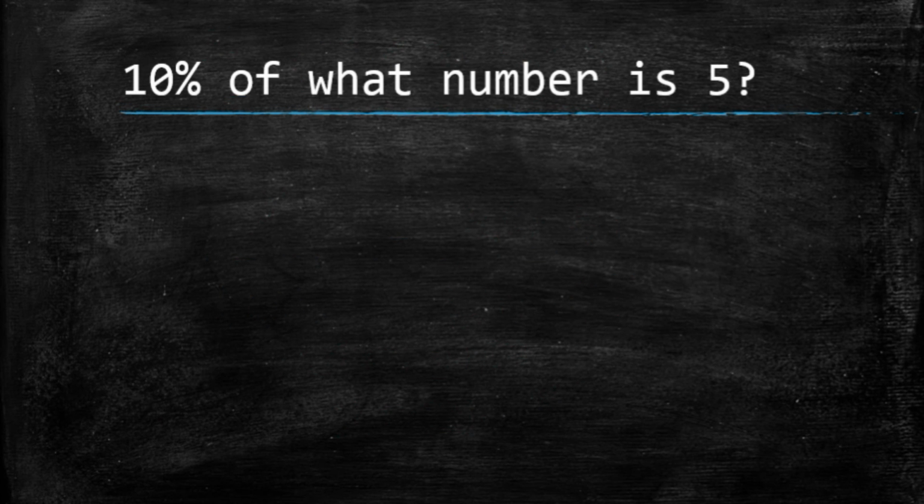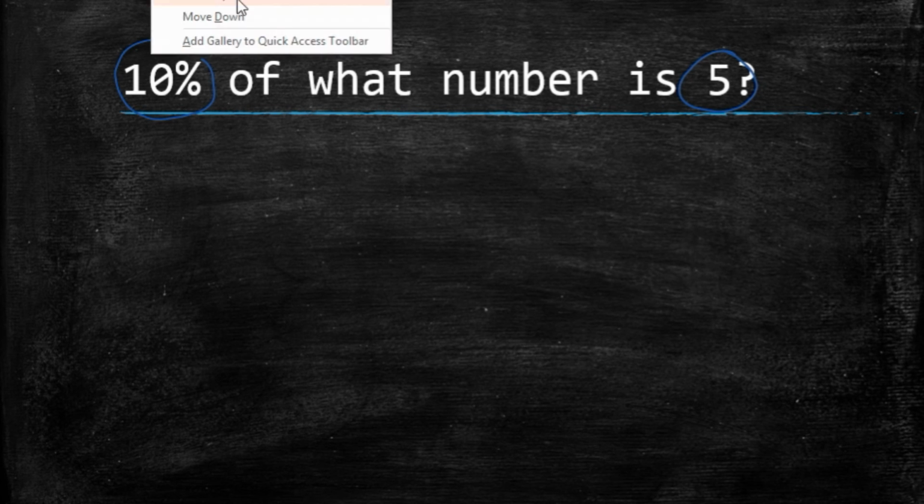Okay, so here we have the last type of problem that we're going to be working with today. And we have 10% of what number is 5? So I'm going to circle my numbers. I have 10% and I have 5.